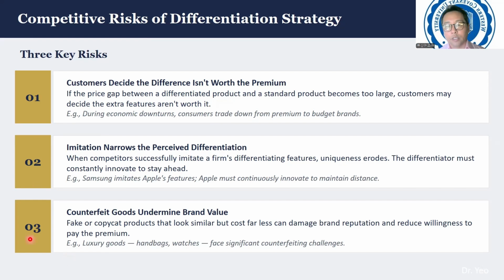Risk three is counterfeiting. This is particularly relevant for luxury goods. When high quality counterfeits, like Louis Vuitton handbags or Rolex watches, flood the market, two things happen. The brand's exclusivity is diluted. If they manufacture a lot and supply the market with a huge volume, their exclusivity is diluted.